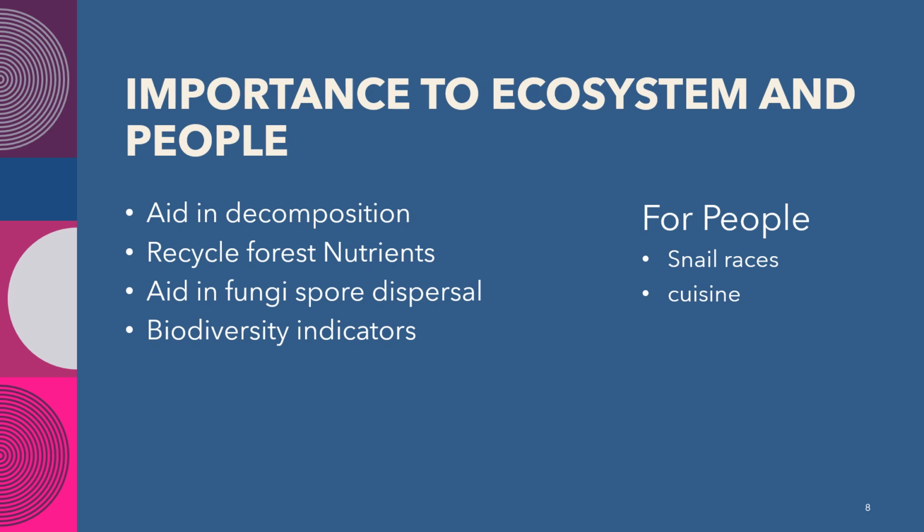They aid in decomposition, and they can also be detritivores and help break things down further. They recycle forest nutrients, and because some of them consume fungus, they can spread the spores. And snails are biodiversity indicators, so having a decent snail presence will indicate that there's large biodiversity in certain environments.